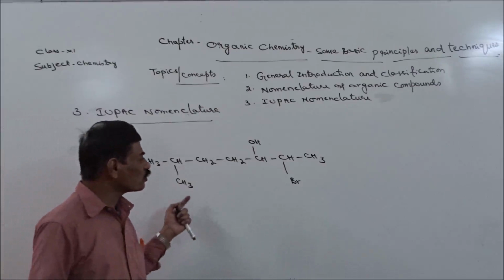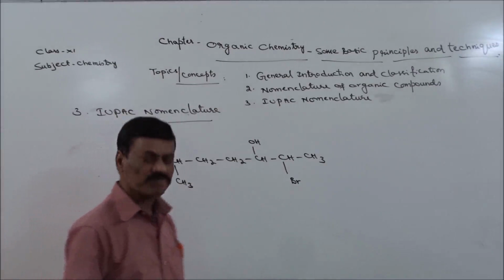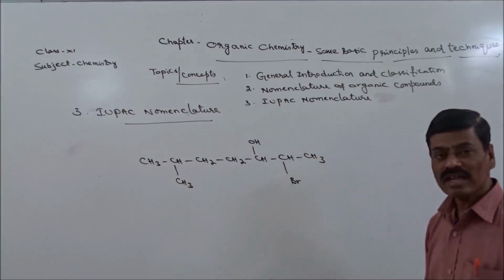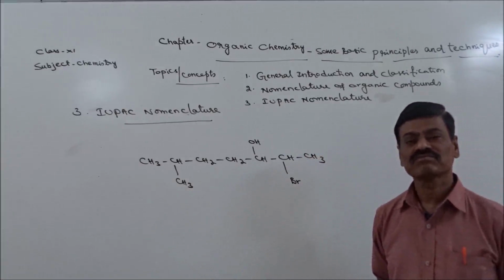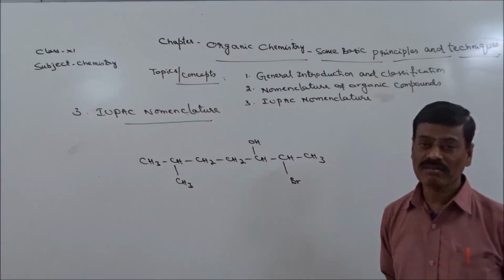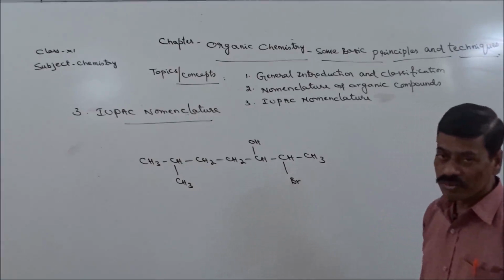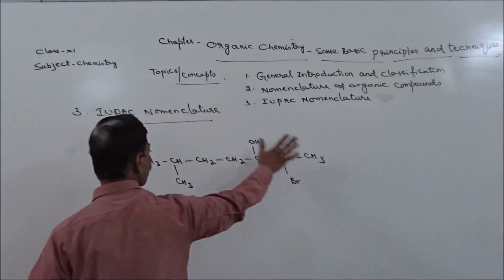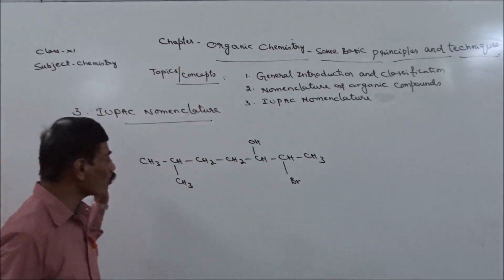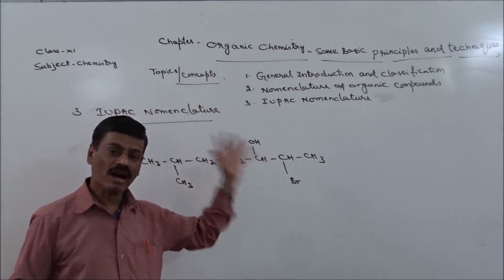Whenever any substituent or functional group is connected, or even hydrogen atoms to the carbon atom, we have to see that the valency of that carbon atom is always 4 because it is tetravalent. Right? It should not be 3 or more than 4. When a compound of this type is given to us, it is an organic compound, and that too an open chain compound.